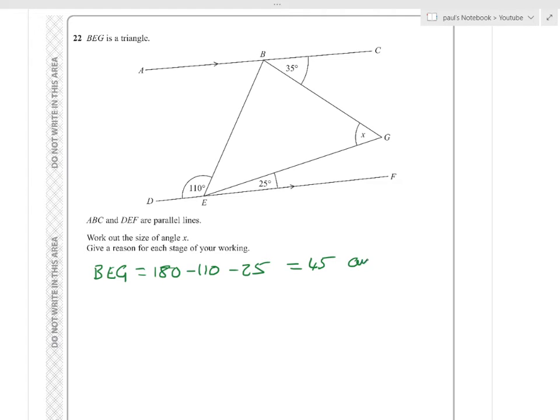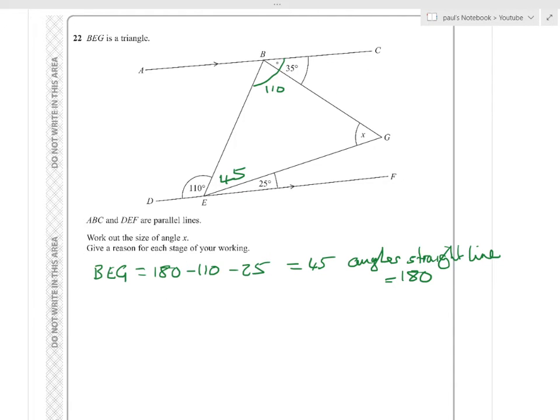So this is angles on a straight line equals 180. Right, so we've got 45 in there. Now, because they're parallel, we must be getting some that and that one and that one. That one's 110 altogether.